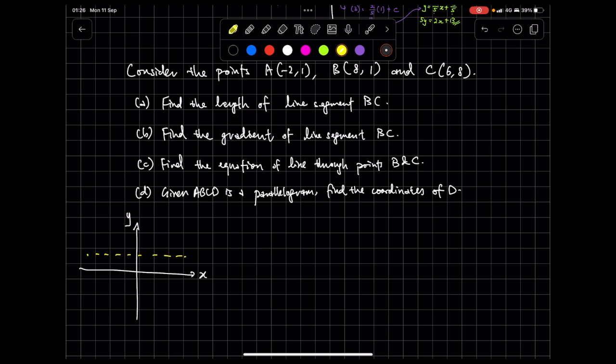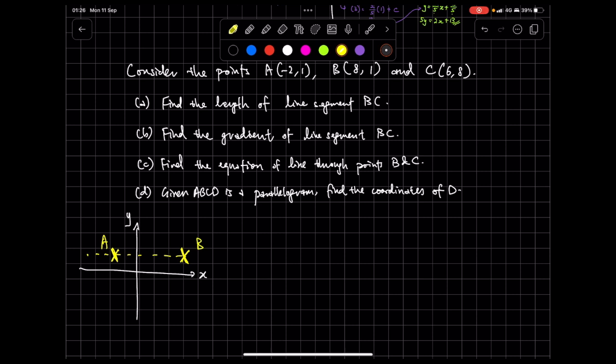I don't care whether y equals 1 looks something like this. I'm just going to treat it as y equals 1. So I'm going to put A over here, and B over here.